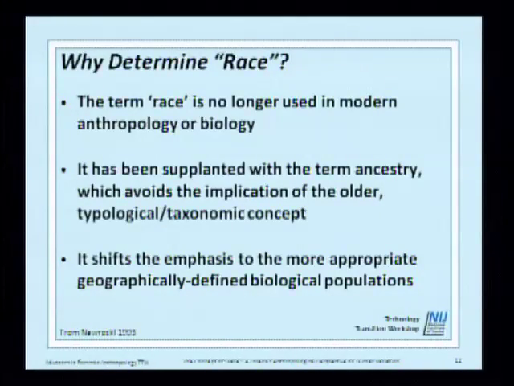However, we know those are incorrect, and those were done to try to set up a schema of who was more intelligent than another. So it had, for example, negative connotations associated with it, and we have moved away from those things because we know those things are not true.